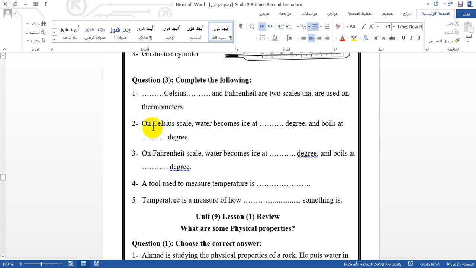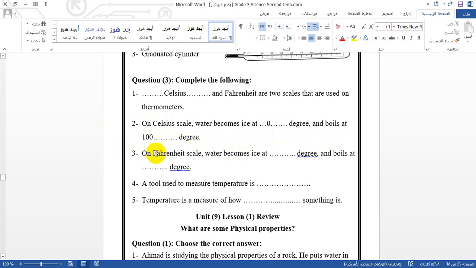2. In the Celsius scale, water becomes ice at which degree exactly, guys? At 0. And boils at which degree, guys? 100. This is in Celsius, by the way. In the Celsius scale, the water will be ice at 0 degrees and boils at 100 degrees.